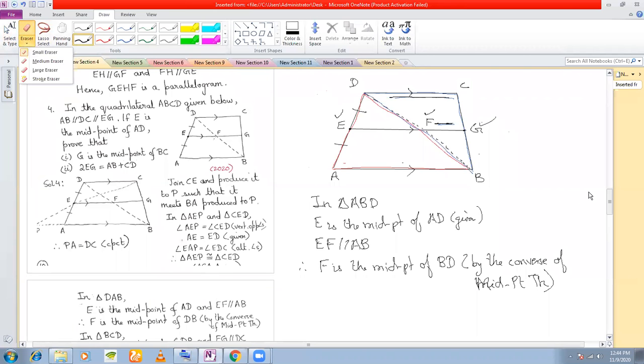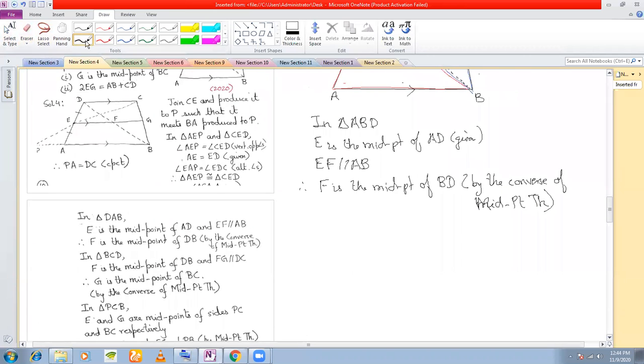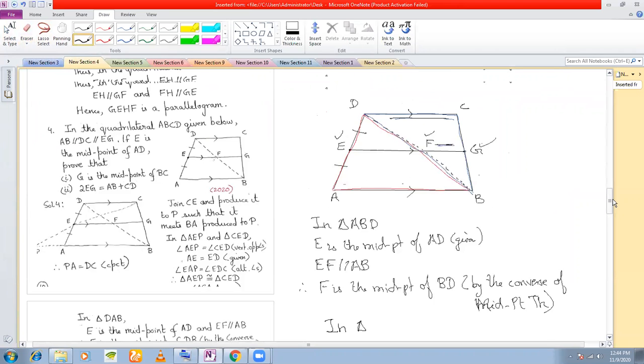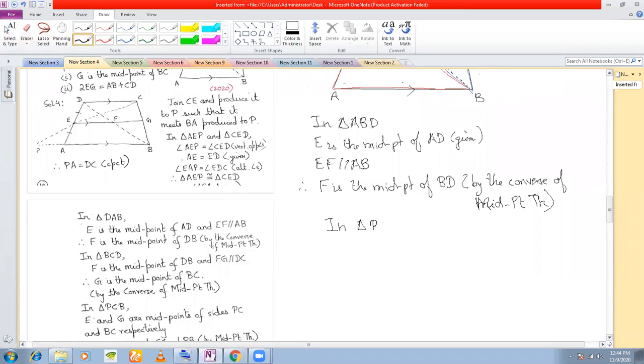So now, the same thing we are going to write here. In triangle BCD, F is the midpoint of BD as proved above. And what are the lines?